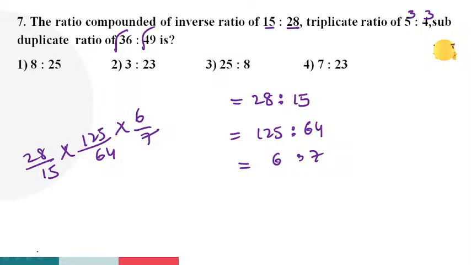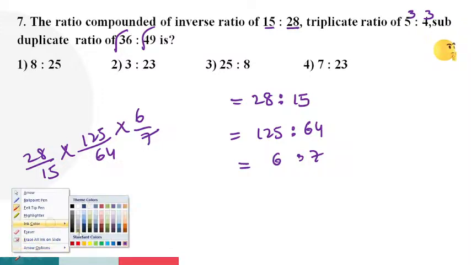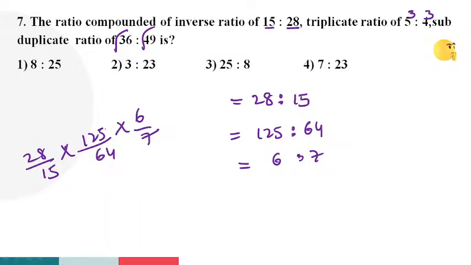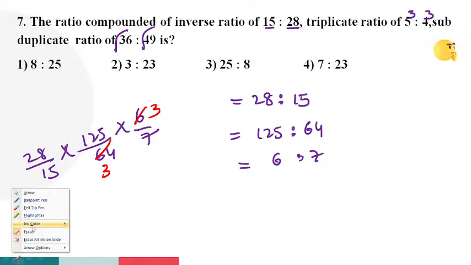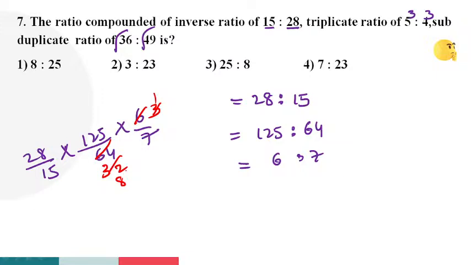Somebody is saying option 3. Yes, very good, right answer. Let me check, no issue guys here. So 2 threes are, and 2 threes are, and 2 fours are. So 2 twos are 4. So 3 ones are 3, 8 fours are 32.